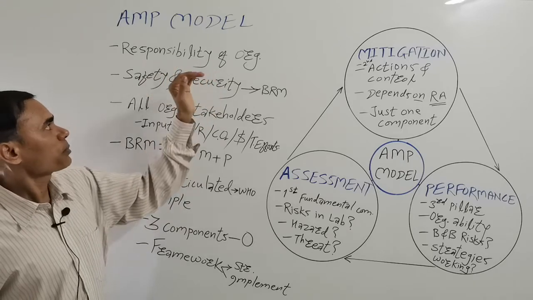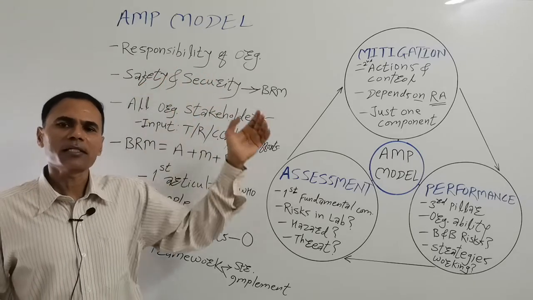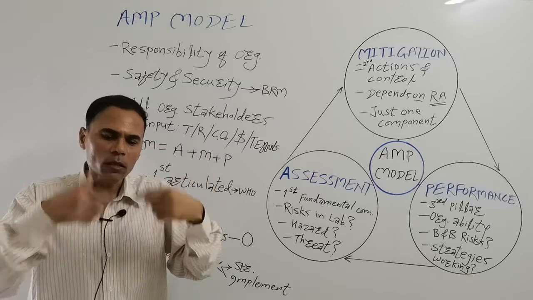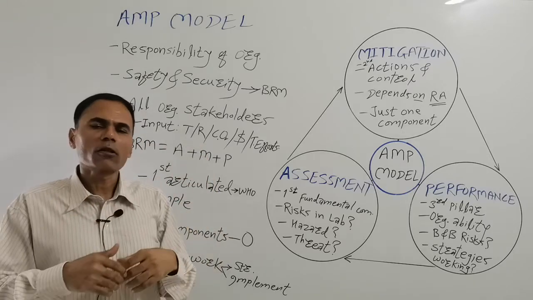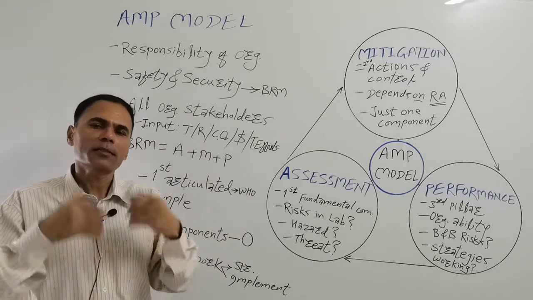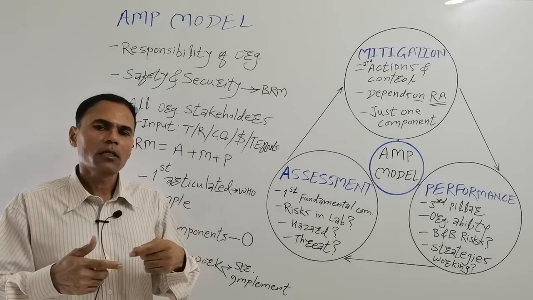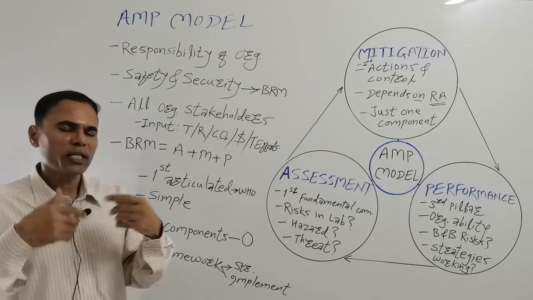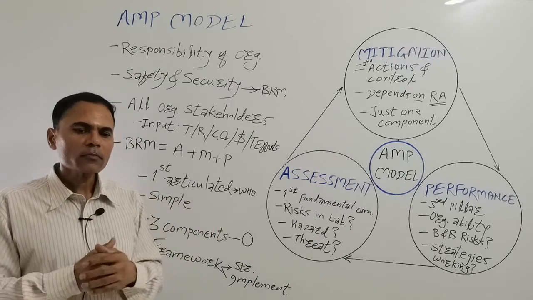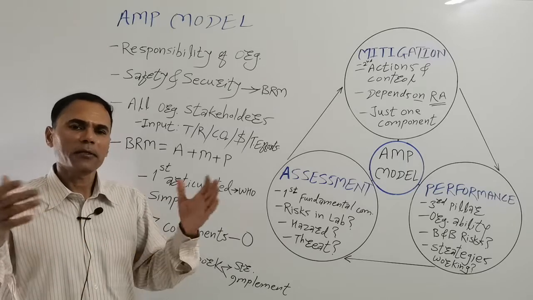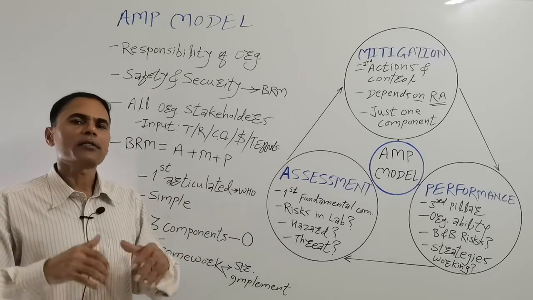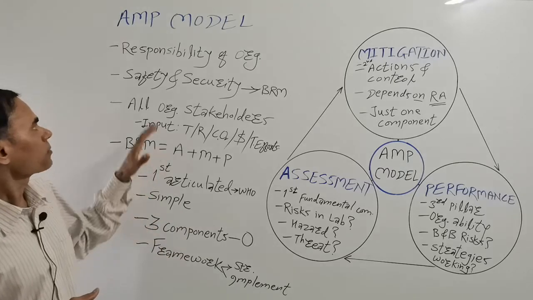It's the responsibility of these organizations to ensure all the operations are done safely and securely, to not only protect the laboratorians but the surrounding people, and to avoid contamination of the environment.